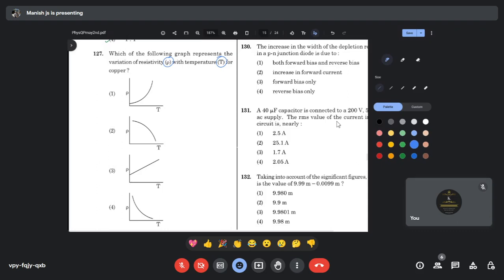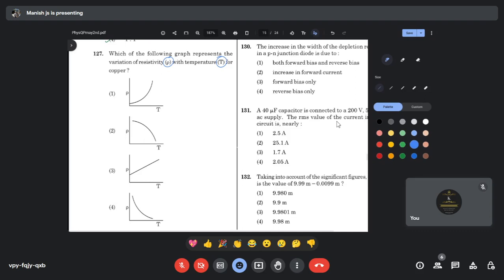For conductors, what is the relationship between temperature and resistivity? Obviously, resistivity would be higher or lesser, is what we are trying to identify. Now, as the relaxation time decreases, that is when temperature increases, there is going to be an increase in resistivity.